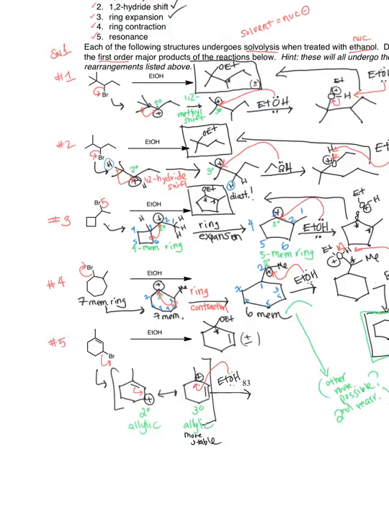And then we have our scenario where since that was planar, it is now creating a stereocenter when you attack from either side. We still have our H attached. And then to finally get home, we do our neutralization that we've been doing.